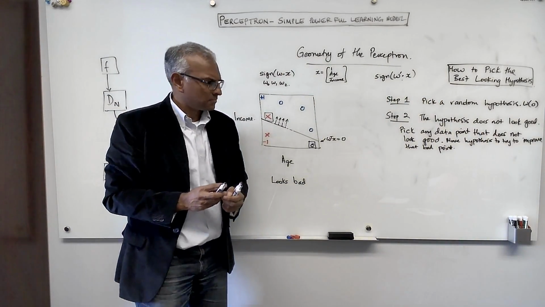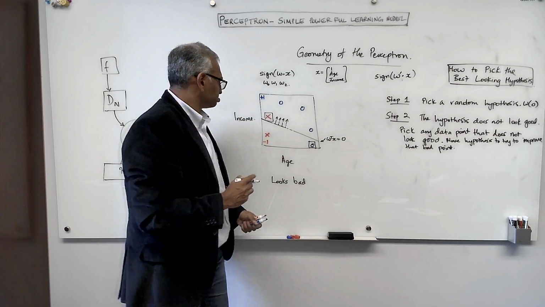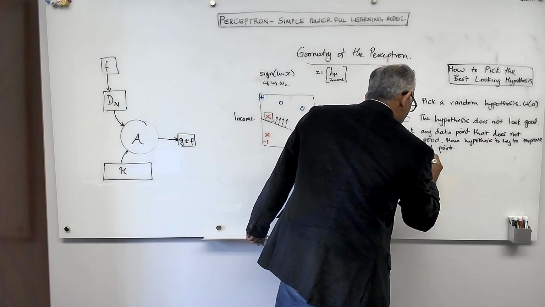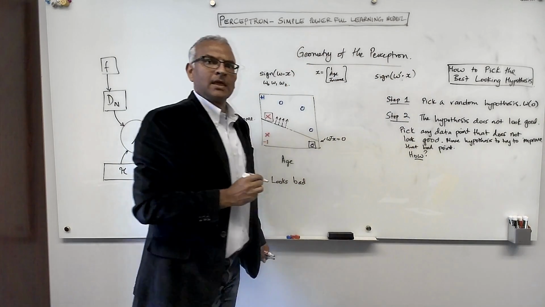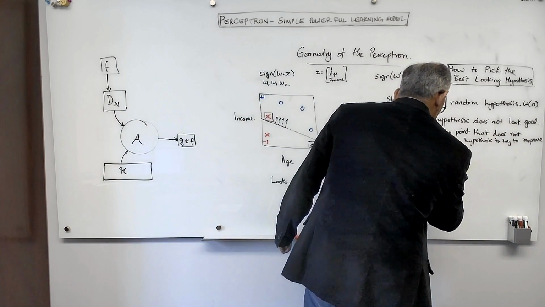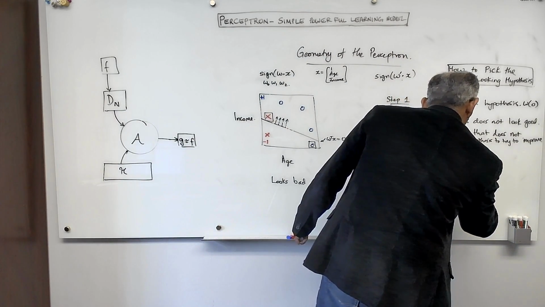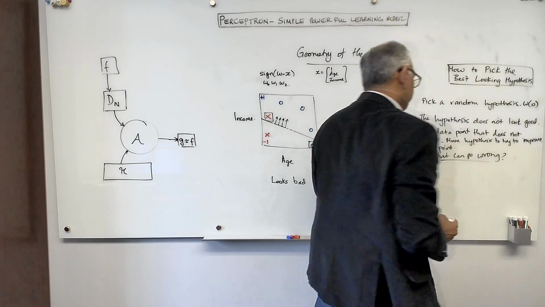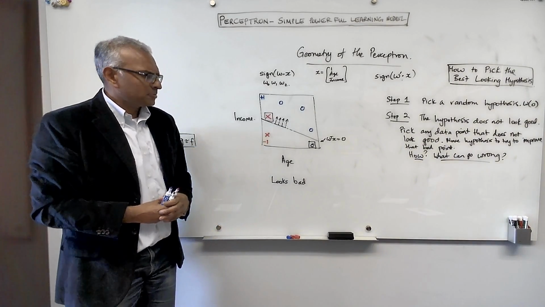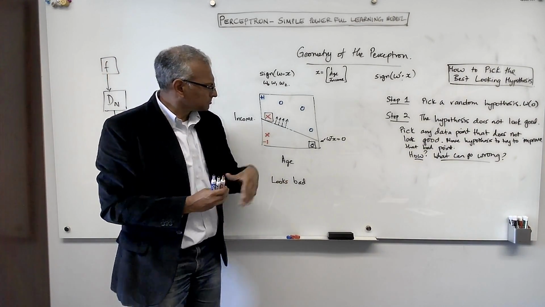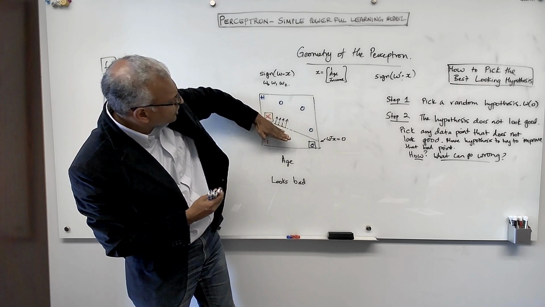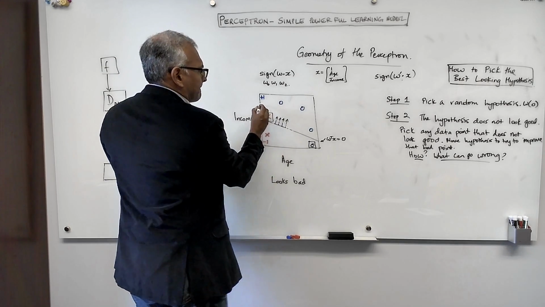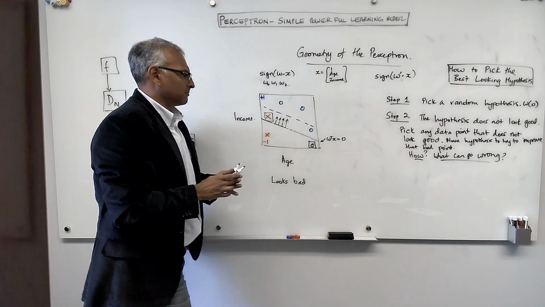So, how? And what can go wrong? Okay. So let me just mention what can go wrong. What can go wrong is when we move this guy up in order to improve this, maybe we end up here. Okay, but now look at what has happened.